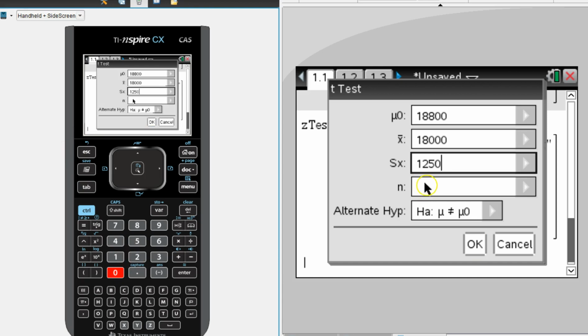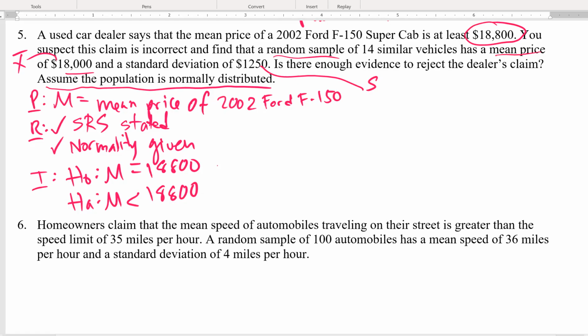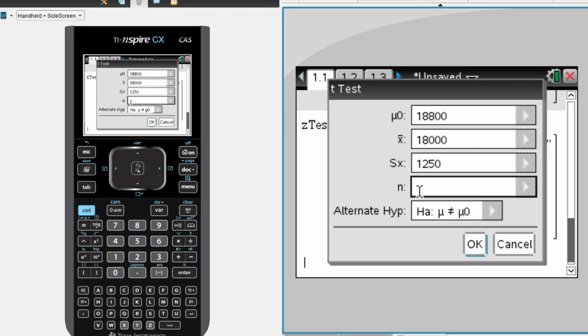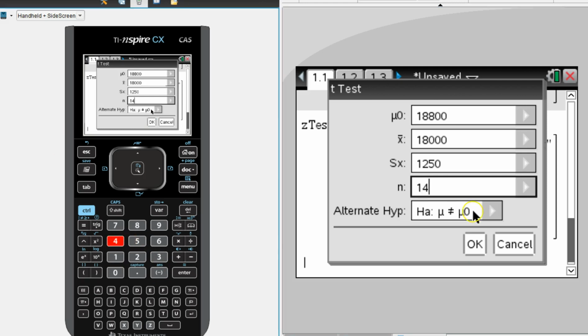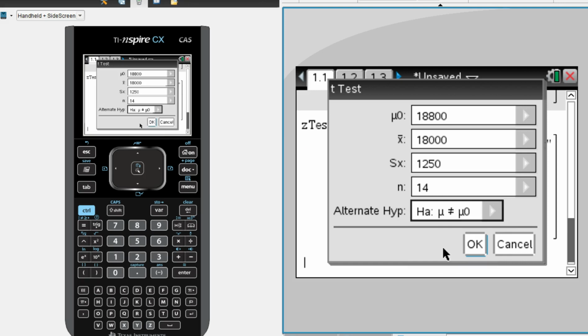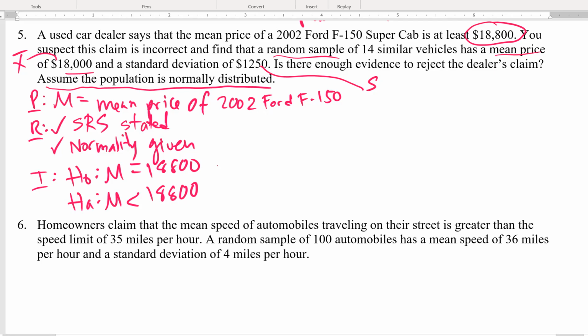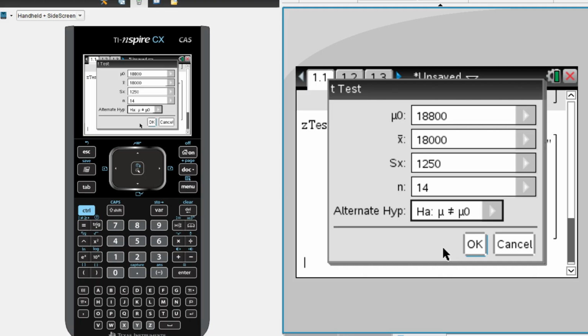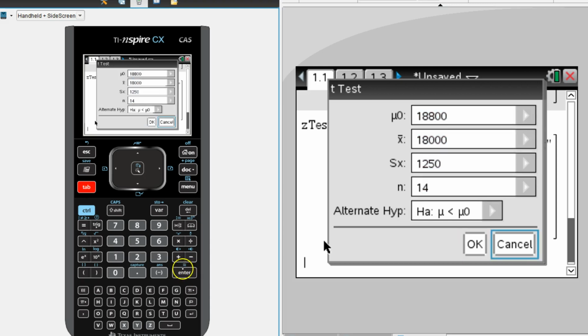And we sampled, I think it was 14 cars? Yeah. And we're trying to prove, well, not equal to. Oh wait, less than. We are trying to disprove something. Less than. You're okay? Hit okay.